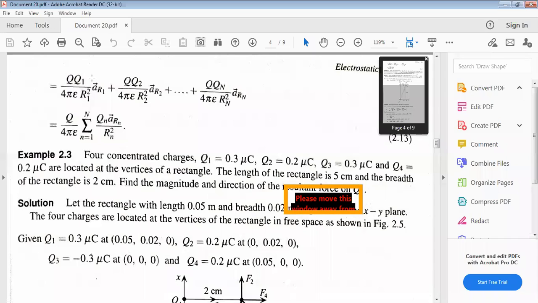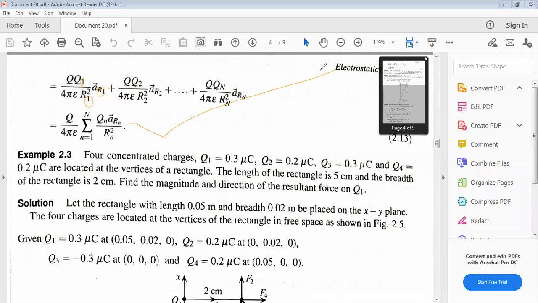Of course the unit vector along the direction also varies. So that's why a rn is also varied, n is varied, and rn square is also varied. Identify those variable points. That's why summation n equal to 1 to n of qn a rn by rn square.